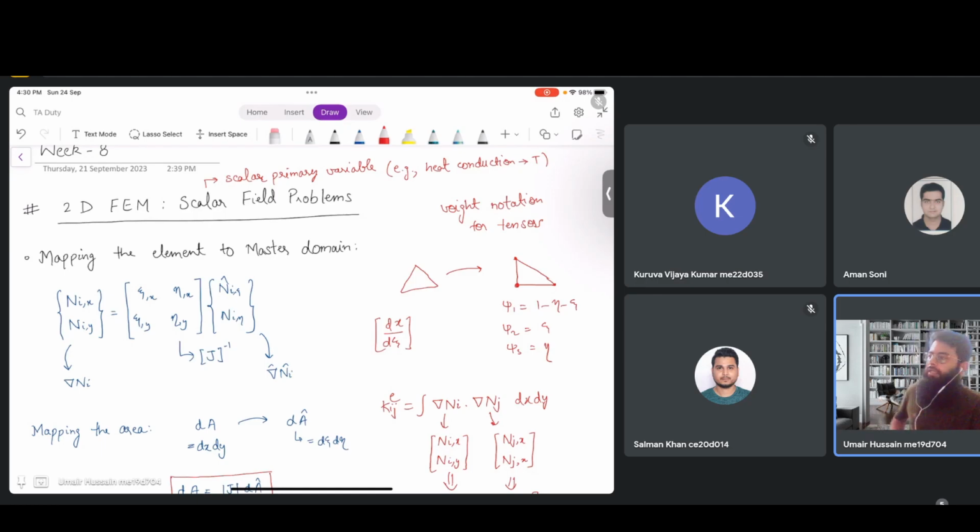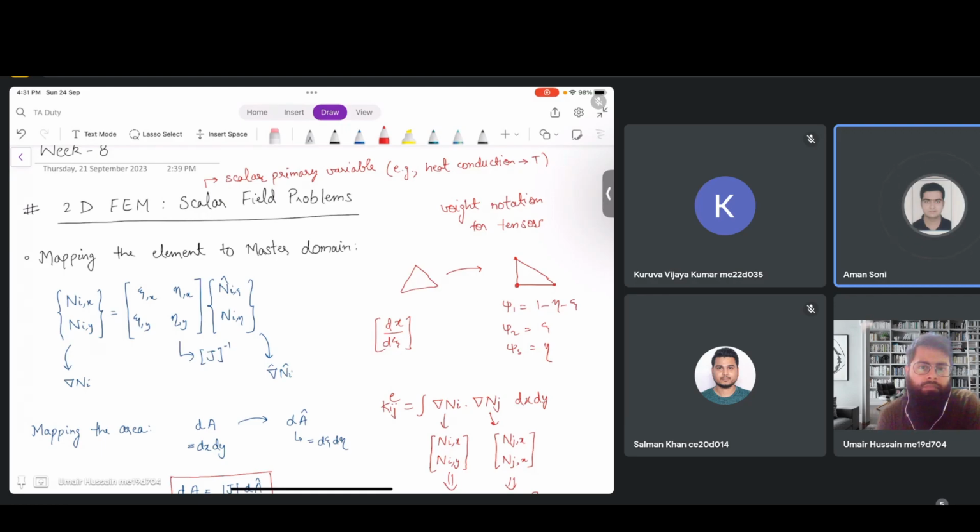So what do you say if we discuss the problems first and then see if we have time? Because I don't have the code ready for it. I'll try to do it manually. If it requires the code, can we discuss it on the coming Tuesday, day after tomorrow? I think in determining this stiffness value, you require only two, three, four values of the shape function, and manually you can try.